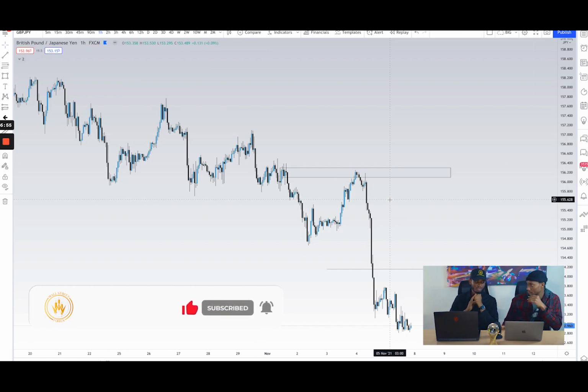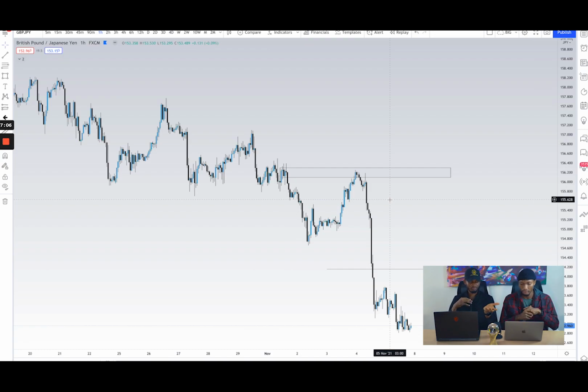When the interest rate came out, it gave the market volatility to make it move faster in our direction. As you all know, it's one of the highest impact events and has real impact on the market.